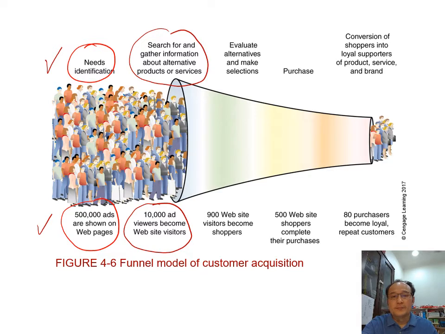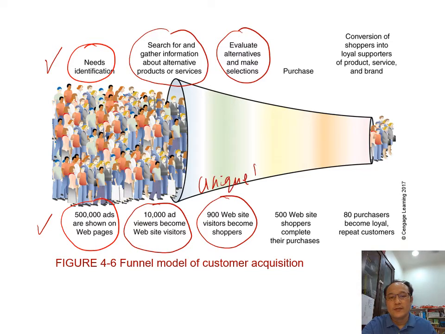So customers search for more information and compare with others before they make the final selection. Can you see here, 900 web visitors become shoppers? Here we talk about unique visitors, 900 from 10,000.